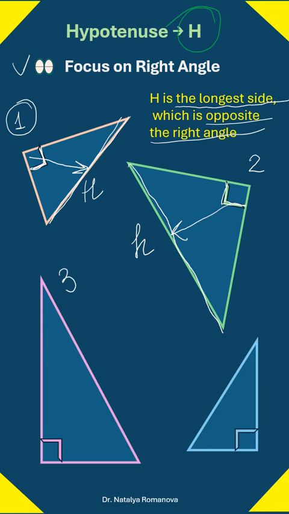Triangle number 3, we have a right angle here, the opposite side is the hypotenuse. The fourth example, number 4, right angle here, the opposite side is the hypotenuse.